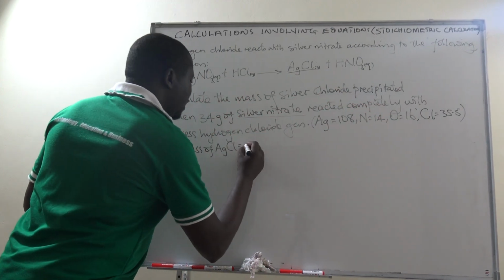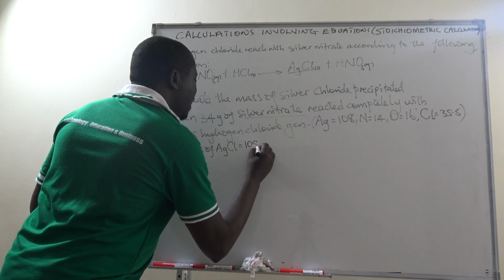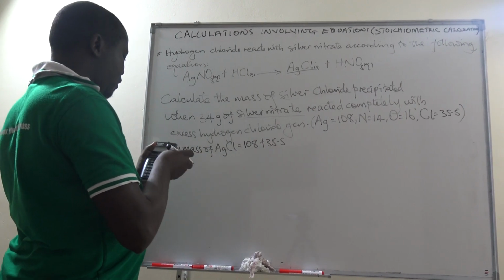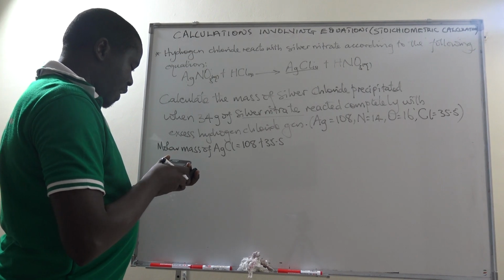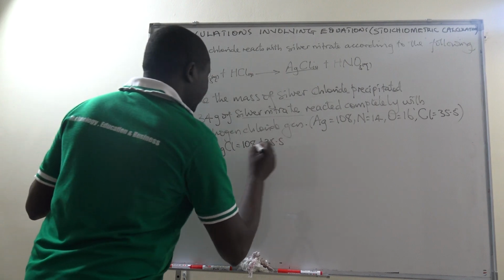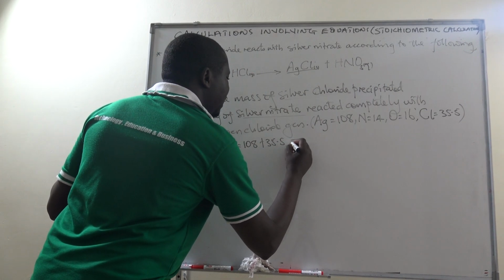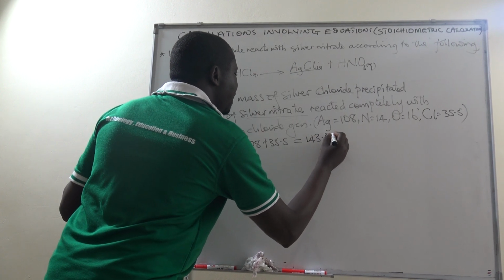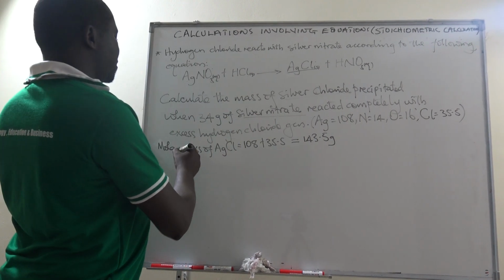So, it is equal to 108 plus 35.5. So, 108 plus 35.5 gives us 143.5, and the unit is gram since it is mass.